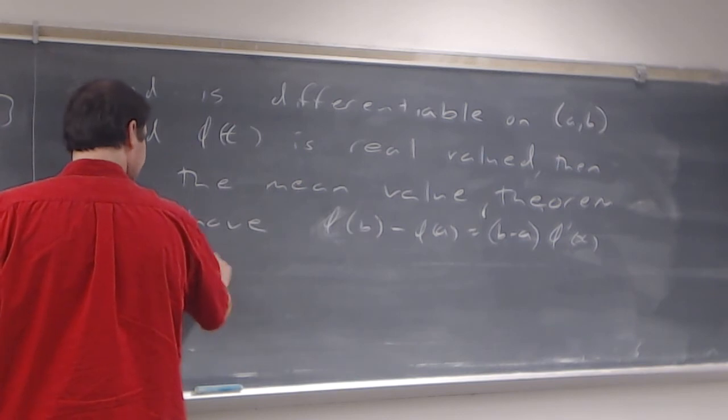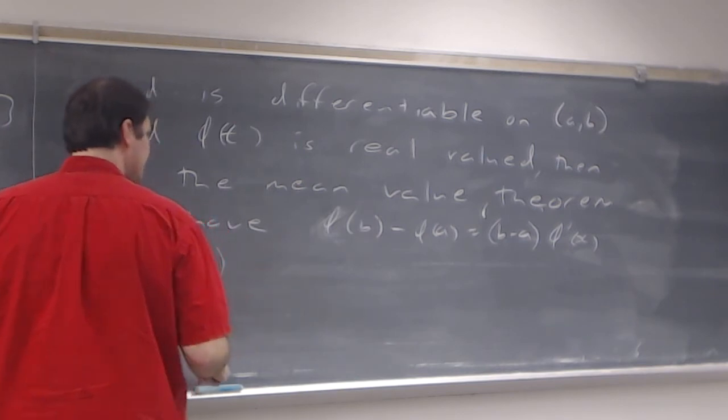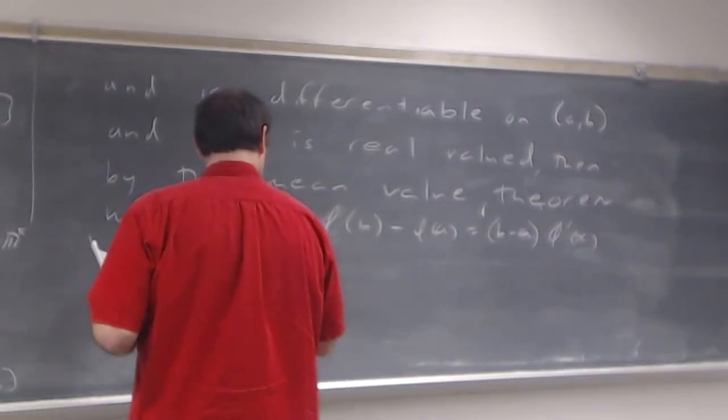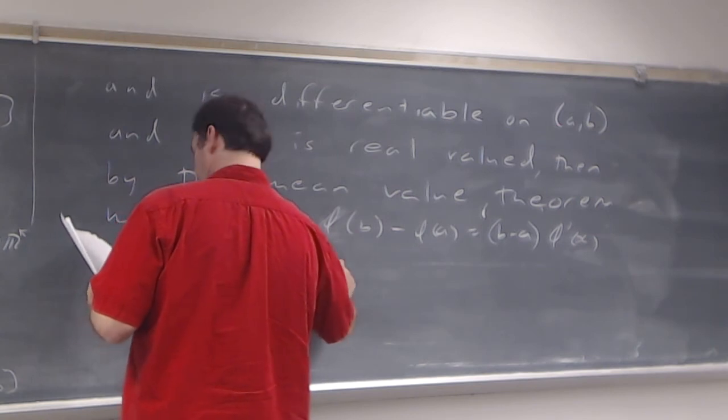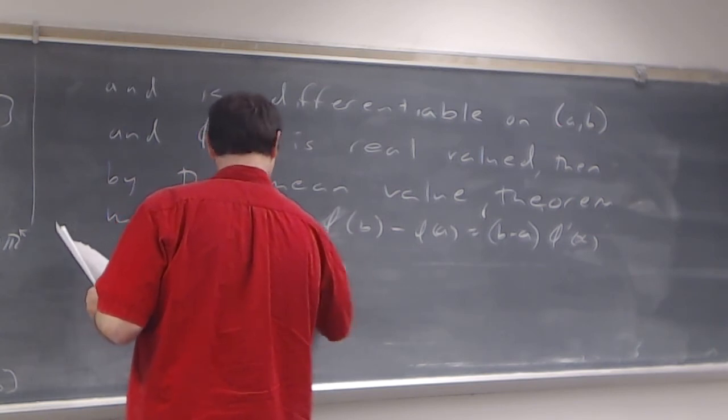This is equal to b minus a, and this phi prime of x is going to be nothing more than z bar times f bar prime acting on x.